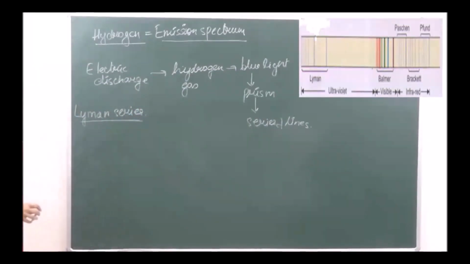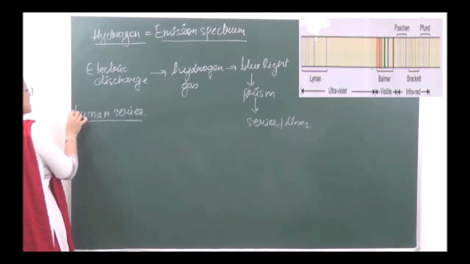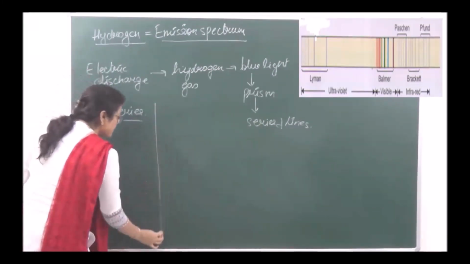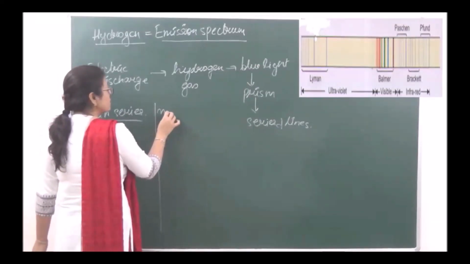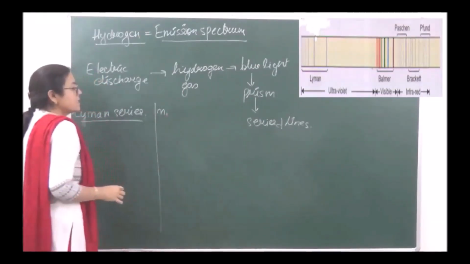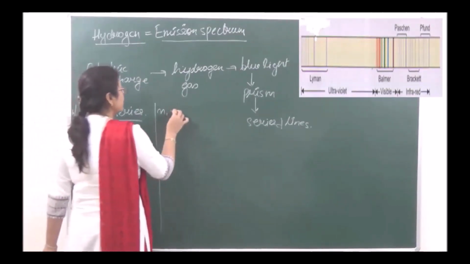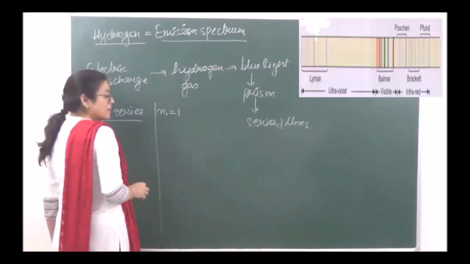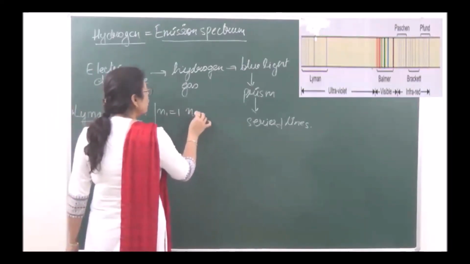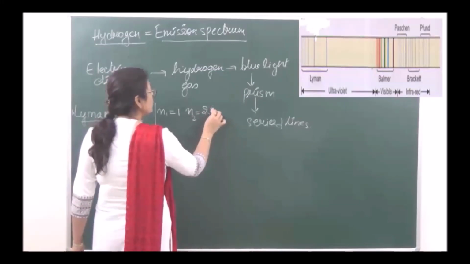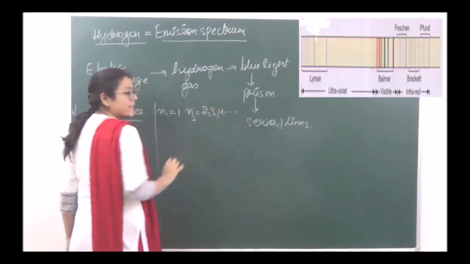Lyman series. Now for Lyman series, we say that the transition is from, let's say this is the first shell, N1, right? So N1 over here is equal to 1, and the value of N2 can be anything greater than 1. So it can be 2, 3, 4 or anything.